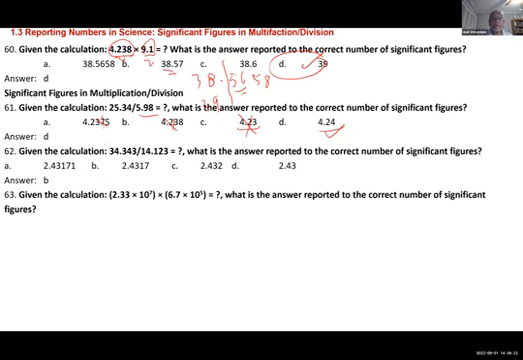So it's similar to the other questions I skipped over. The calculation is reported with the correct number of significant figures. Now you do the calculation. Multiply these two. The number has to be rounded off to 2 significant digits because this has 2 and this has 3. 2 is the lowest significant figure.